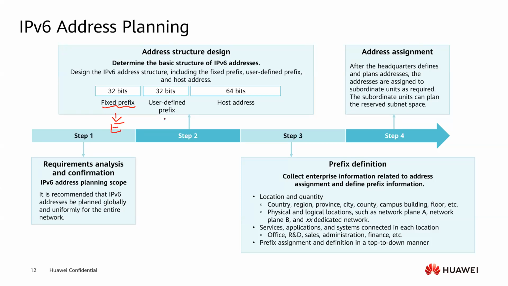The second part is the user-defined prefix, which you can plan based on the department, the services, or the different networks. All of them are okay. And the final part is the host address.